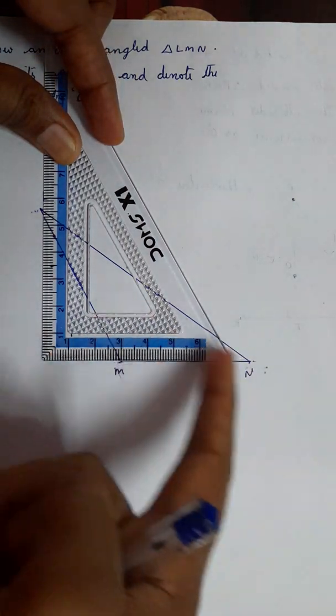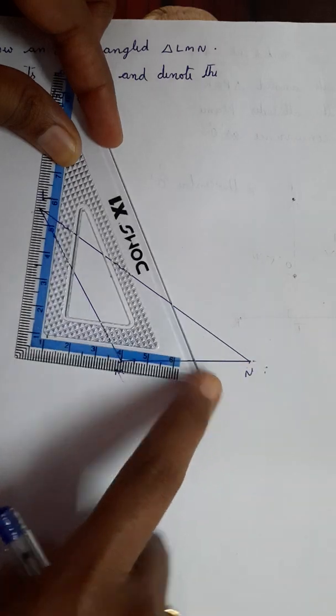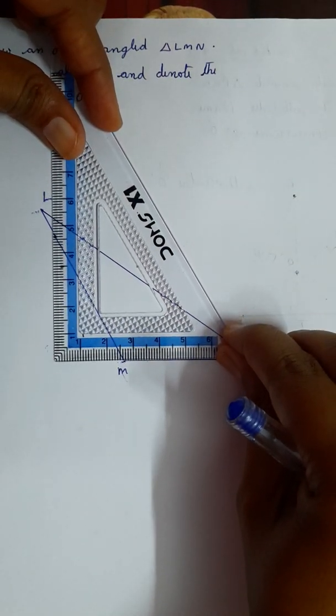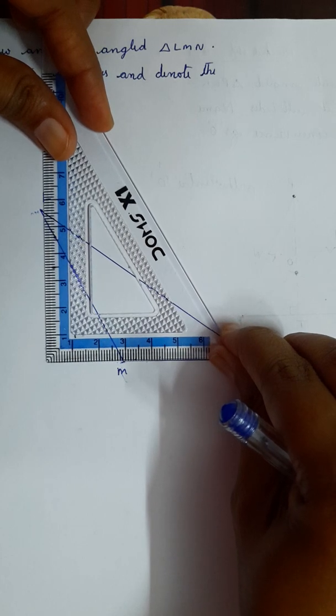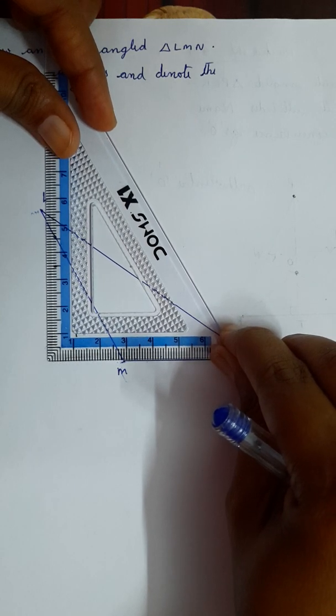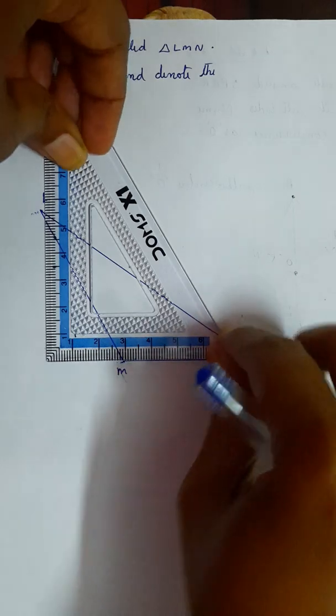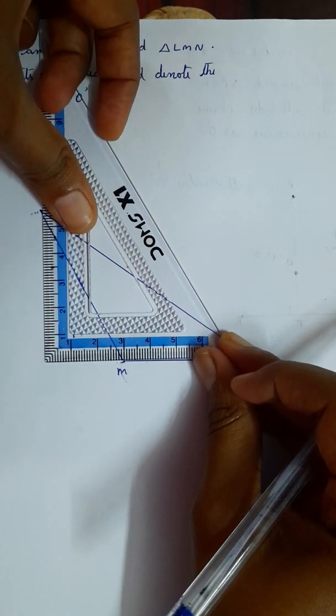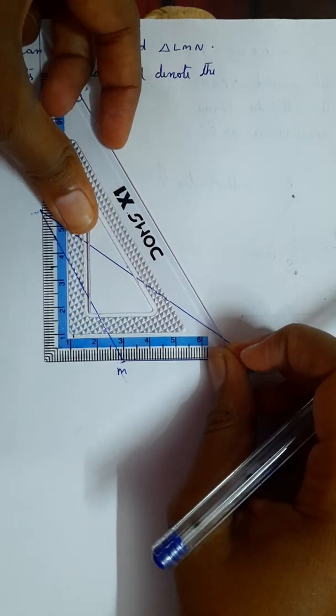The base of the set square should sit on MN and drag the set square like this. See here. Now here the distance, it should be on the line MN.